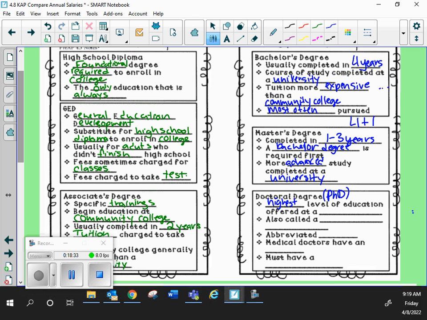Usually when you're doing your doctorate, you're going even further, with a certain topic that you're really honing in on and narrowing down. It is offered at universities.